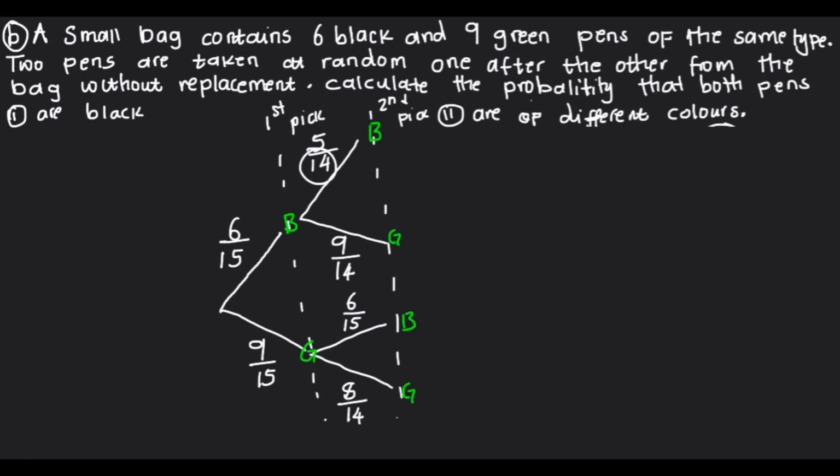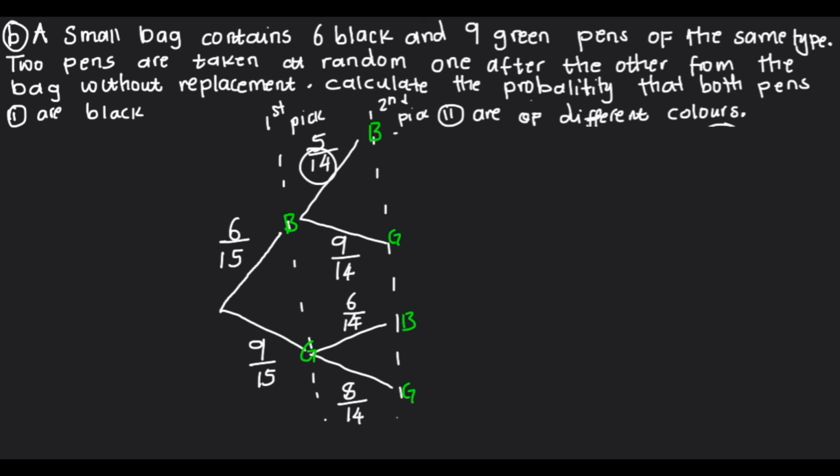And where is this 6 over 14 coming from? Remember, for this branch here, we assumed it was black picked. For the second part here, you need to assume it was the other one picked. So if we assume it was green picked, the black should remain the total, meaning we need to have 6 over the total 14. So that is the picture here.